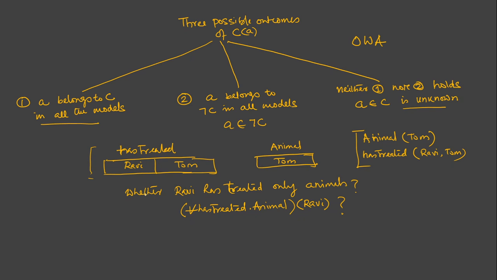Now, if we go by CWA, this will become true because Ravi has treated Tom, and Ravi has treated only one thing as per the relational database, and Tom is a kind of animal, right? So in CWA, we will have the answer true for this particular question.